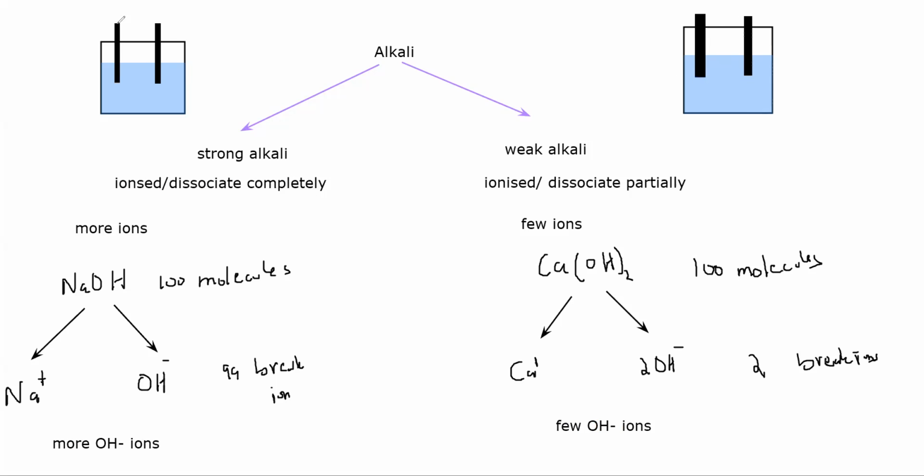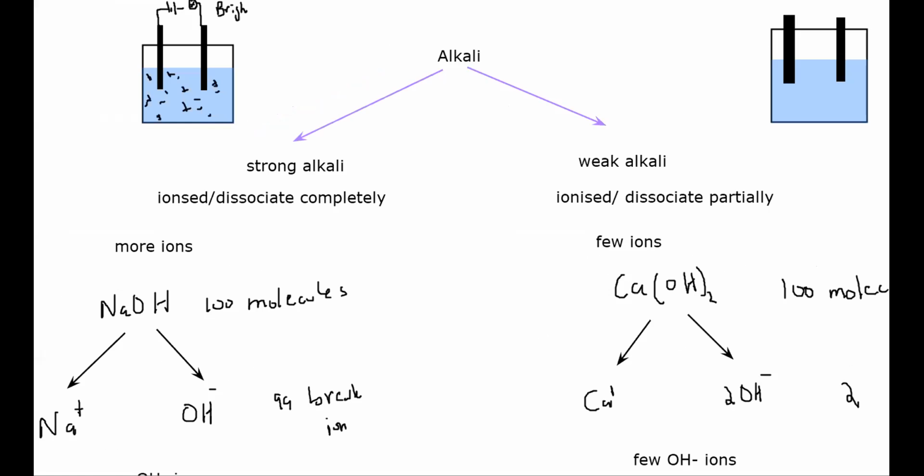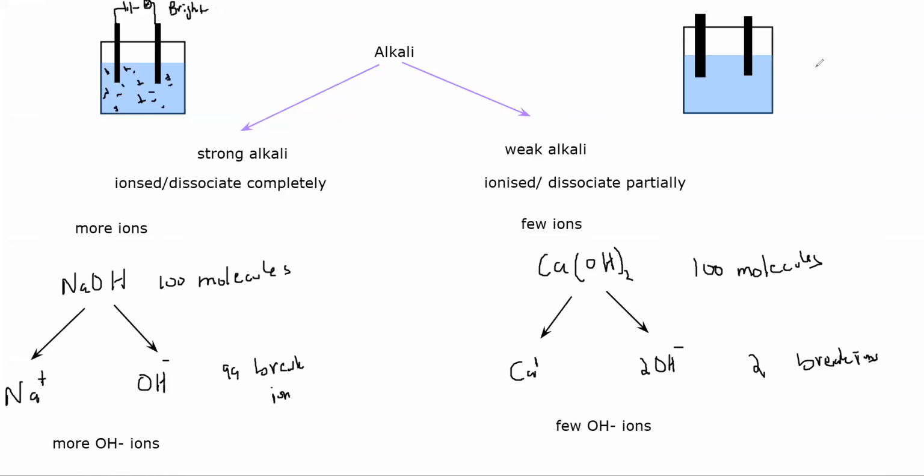If it's a strong alkali, it contains more ions. A greater number of ions are within the electrolyte or solution. So when we pass the current, we'll observe that the lamp gives a high intensity, or it will be bright.